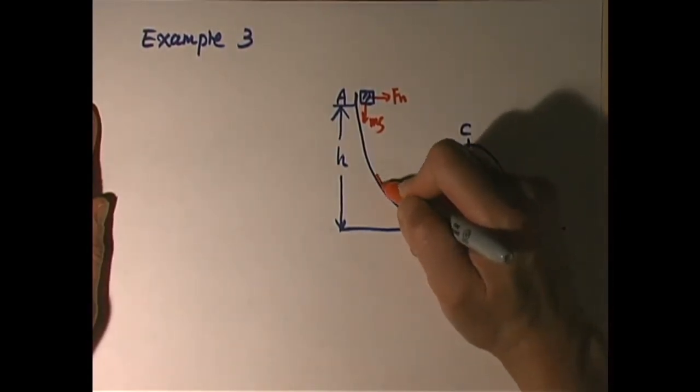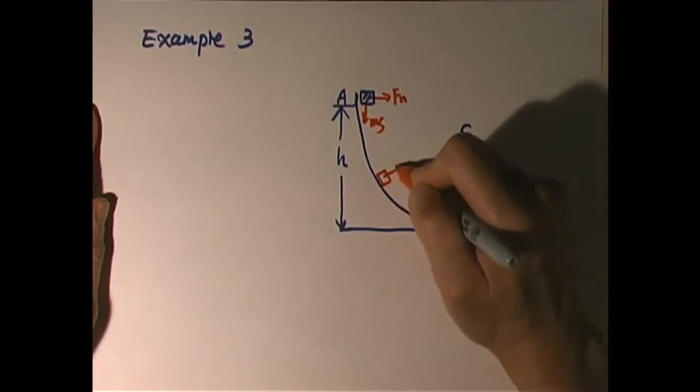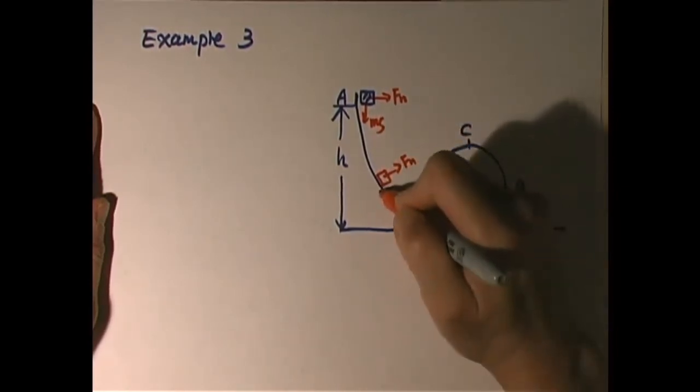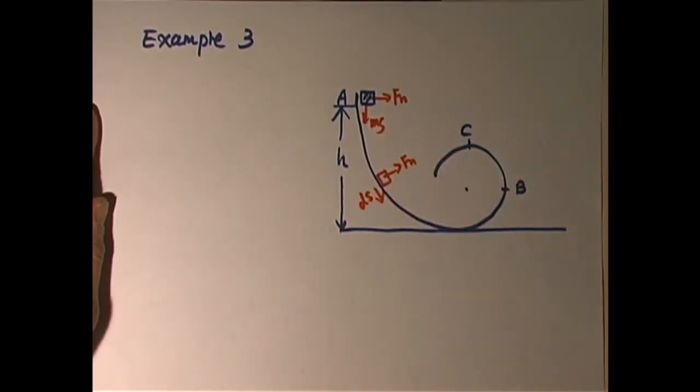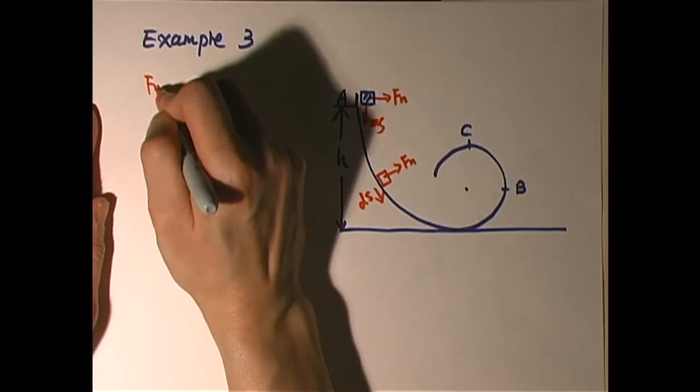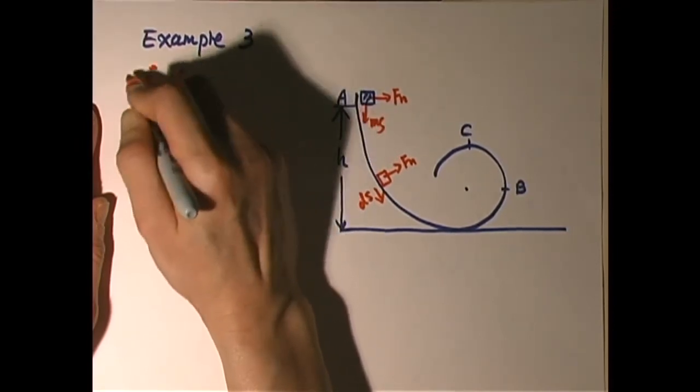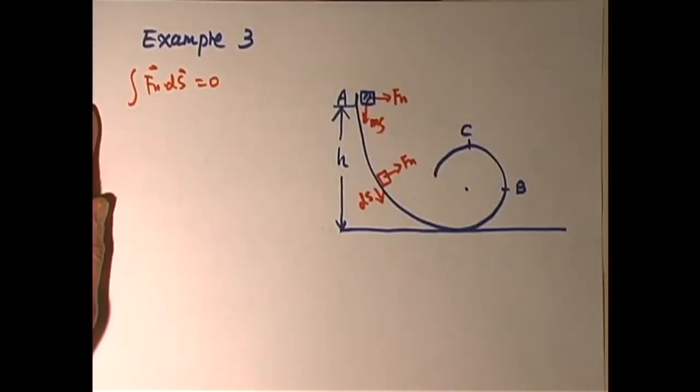If the block always follows the contour, then Fn is always perpendicular to any small movement ds. Therefore, Fn dot ds equals 0. That means Fn doesn't do work.